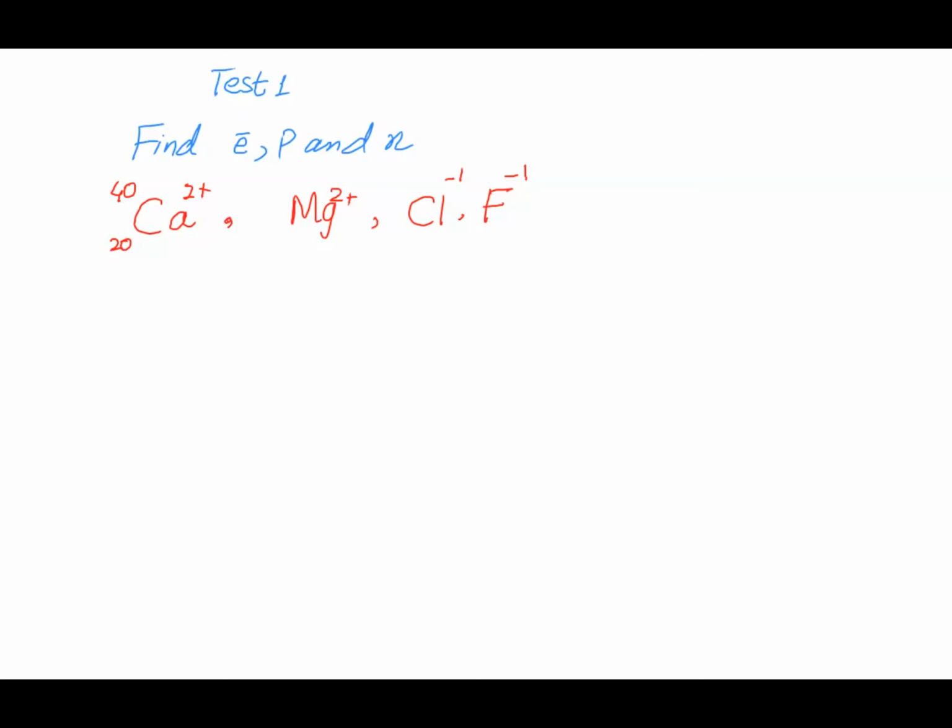Magnesium is correct. Chlorine is correct. Fluorine is correct. Saad, all your questions are correct. Now 18, 20, 20. Magnesium is 10. Chlorine is 1 more electron.